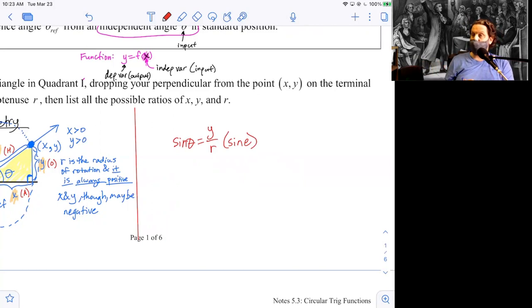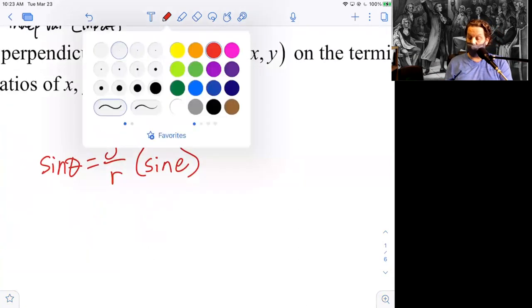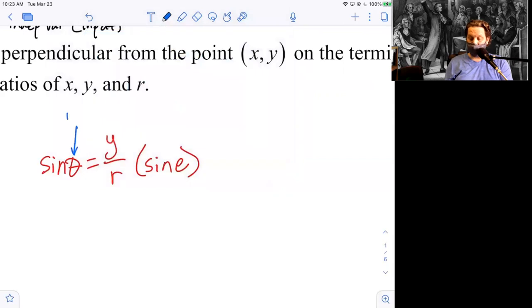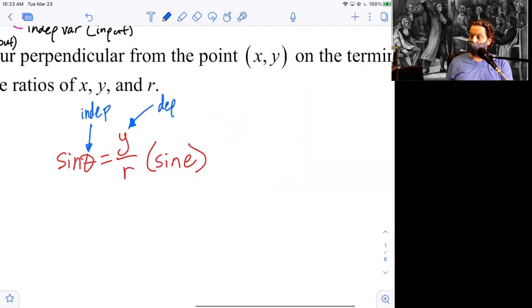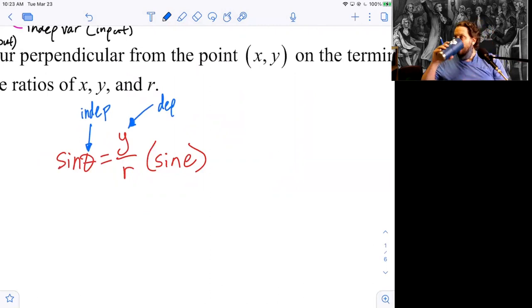Okay, and we abbreviate that SIN, and we put theta. Just to reiterate, theta is your independent variable, and the ratio itself is your dependent variable. Your input is theta, your output is the ratio.